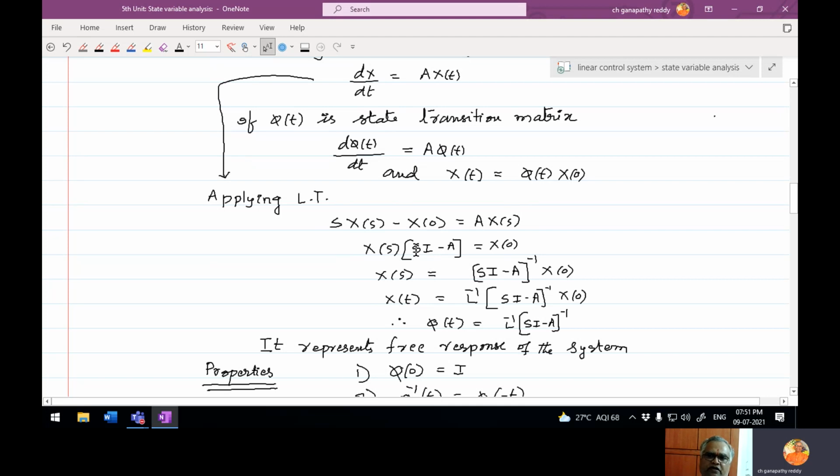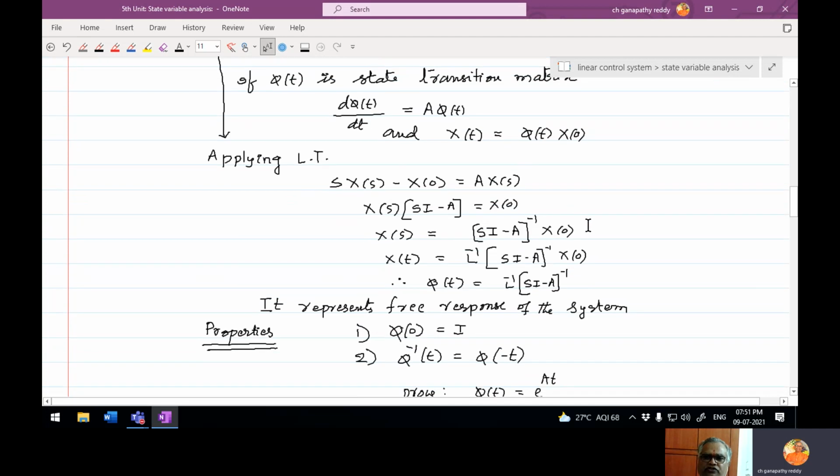Because s is a scalar and A is a square matrix, you have to multiply with I. So (sI minus A) X of s equals, this is coming to the right side, x of 0. So again X of s equals (sI minus A) inverse into x of 0. We want x of t. So what is x of t? L inverse of this one into x of 0.